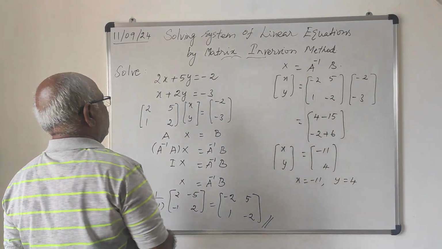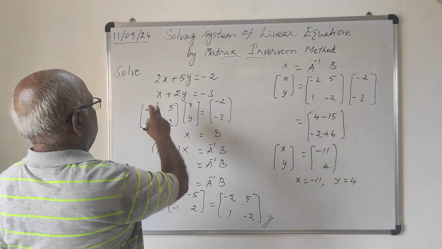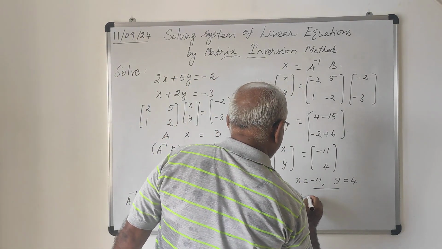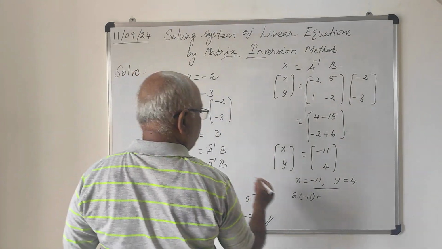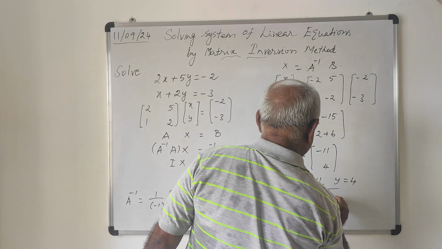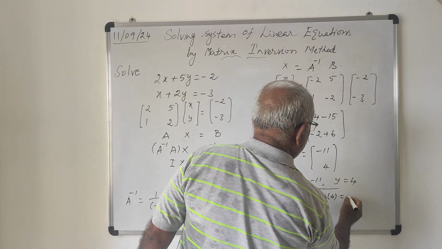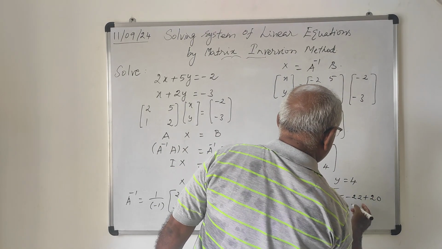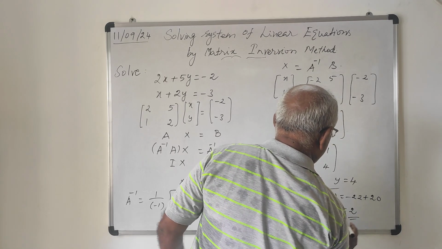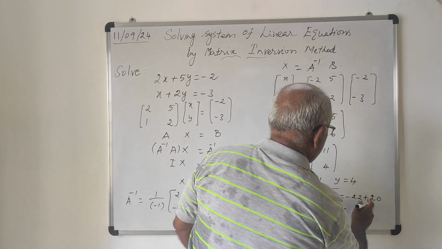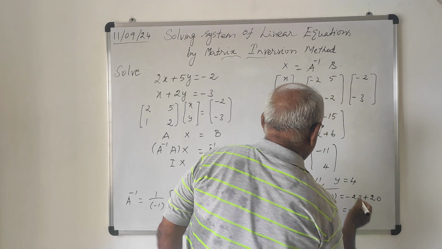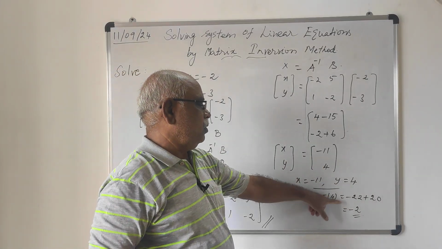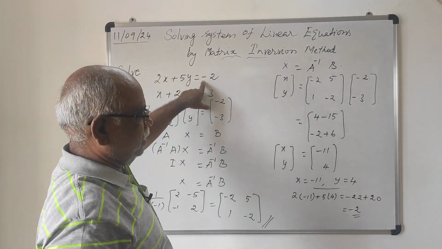After finding x equal to minus 11, y equal to 4, let us take these two values in the first equation: 2 into minus 11 plus 5 into 4 equals minus 22 plus 20, which is minus 2, the same as the right hand side.